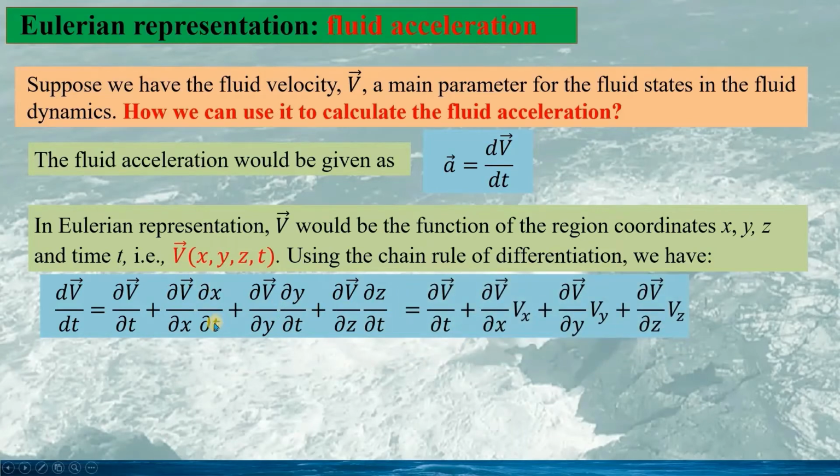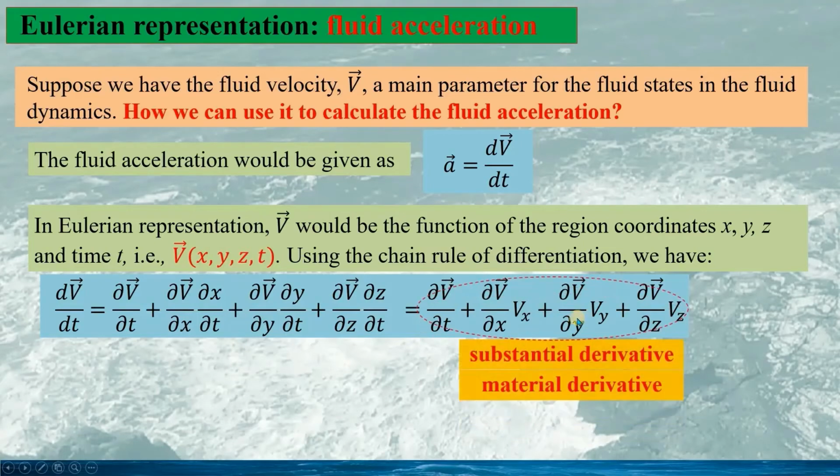And we can write the derivatives of x with regard to t, y with regard to t, and z with regard to t using the velocity components vx, vy, and vz. So we have the fluid acceleration calculation in the Eulerian representation as this. This is called the substantial derivative for the fluid velocity vector v, or the material derivative.